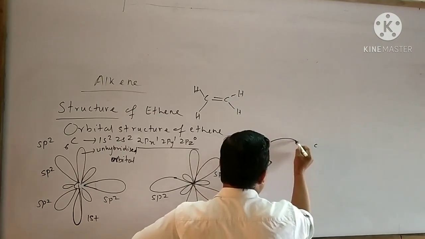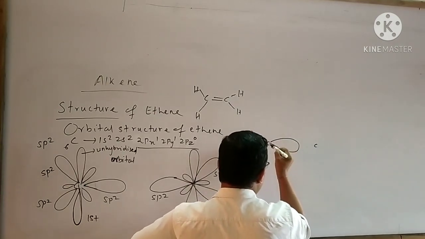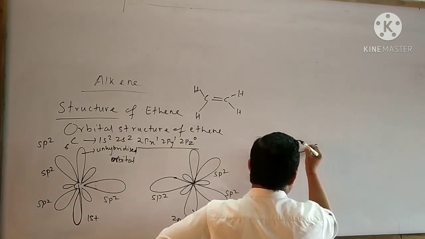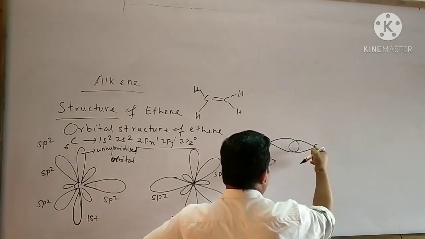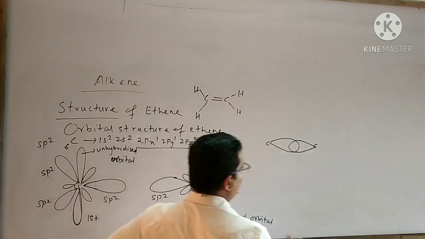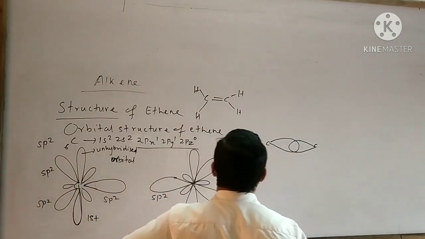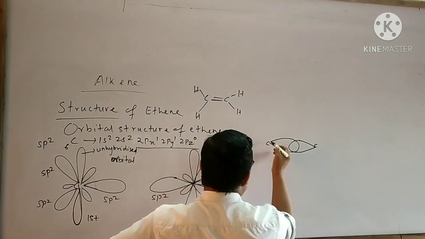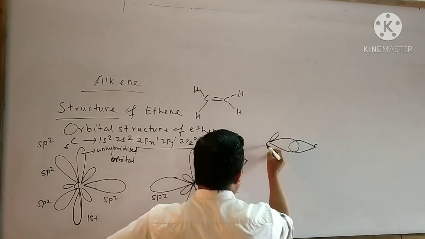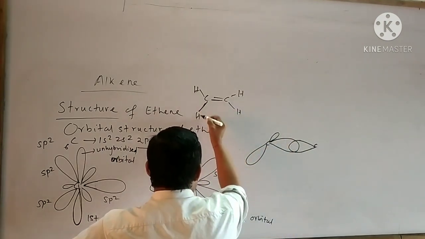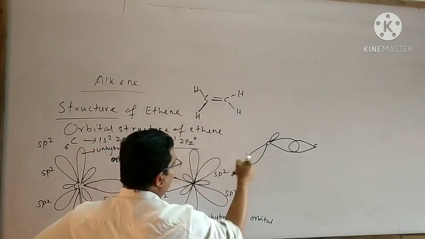Now one sp2 hybrid orbital of this carbon combines with another sp2 hybrid orbital of the other carbon. Look at that, here head-on overlap is possible. This is said to be this sigma bond. Here another sp2 hybrid orbital is present like this. I can show this sigma bond here.